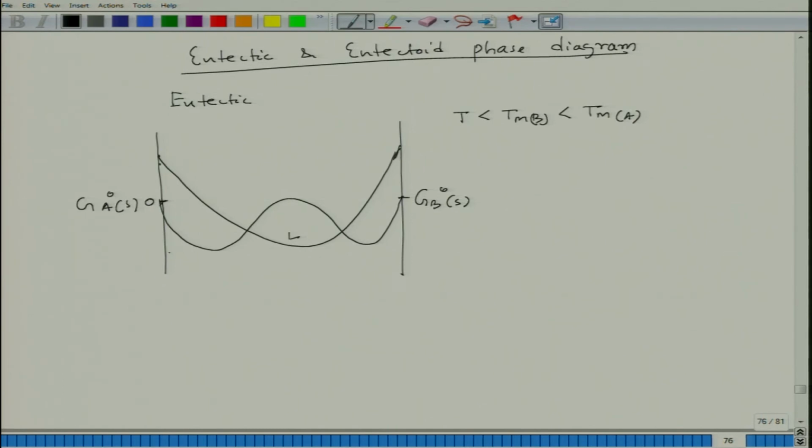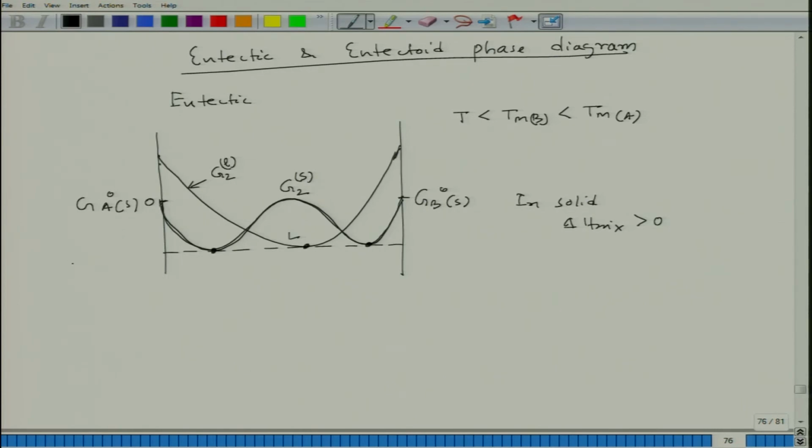And now we could see that this particular shape is coming because in the solid condition del Hmix is greater than 0, and this is G2 of solid, and this is G2 of liquid. Now, we could see that there could be a common tangent which will connect this point and this point.